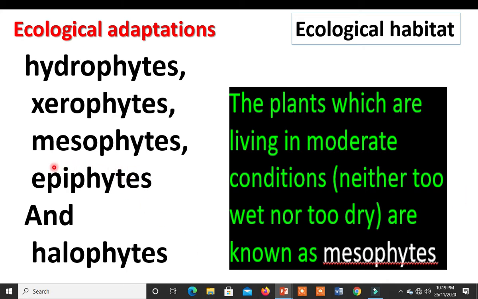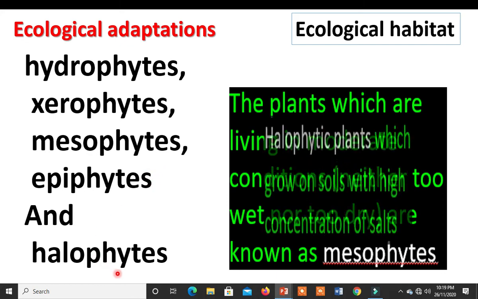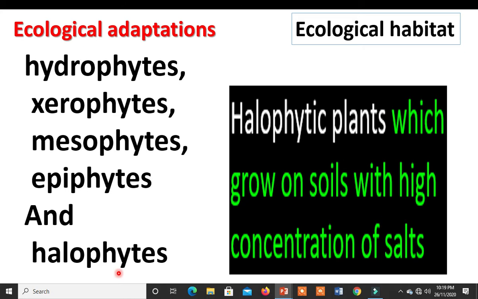We have already learned about epiphytes under the part biotic factors. And halophytes grow on soil with high concentration of salts. They live in mangrove forests. Now let us see some of the types one by one.